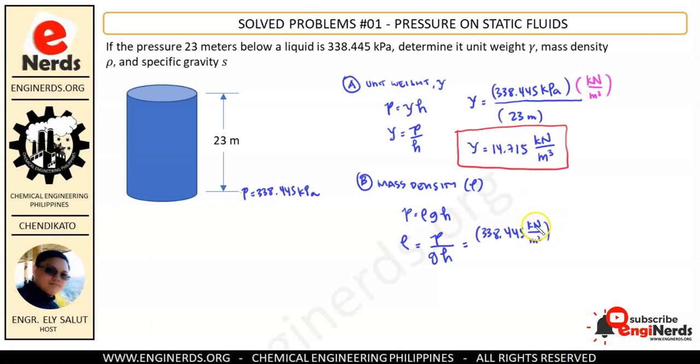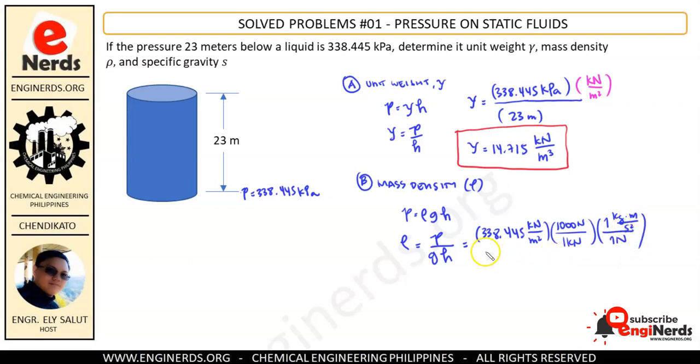Kasi kailangan ma-match natin yung mga units natin para mag-cancel out, no? So, first, convert natin yung kilonewton into newton. So, 1 kilonewton is equal to 1,000 newton. Okay? And then, 1 newton is equal to 1 kilogram meter per second squared.